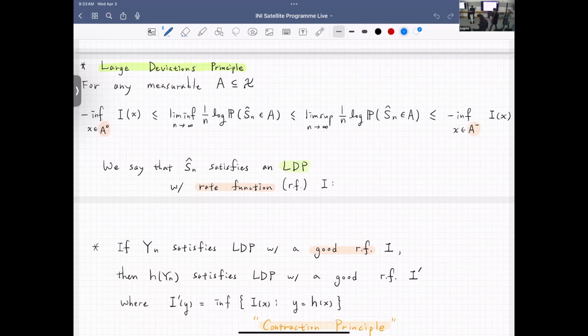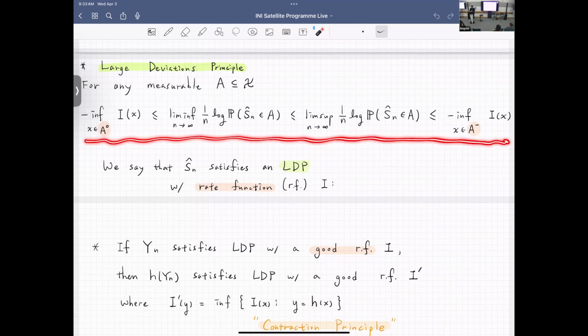But let me still briefly recall the light-tailed large deviations. The large deviations principle is an established terminology that describes asymptotics of this form.